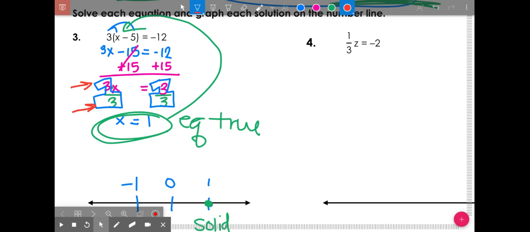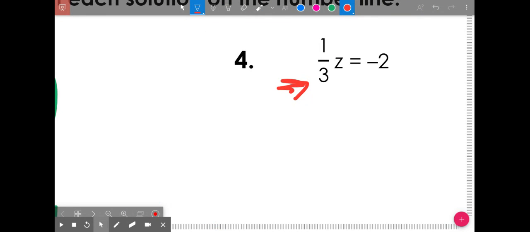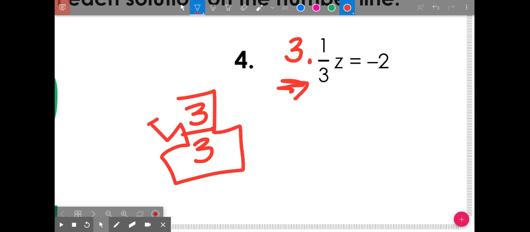Problem is, I'm starting with a 3 on the bottom. So if I put another 3 on the bottom, they're not going to go away. What I need is a 3 on the top. So I need a 3 up here. So I'm actually multiplying by a 3. That's what's going to give me my 3 over 3 that's going to turn into that beautiful 1.